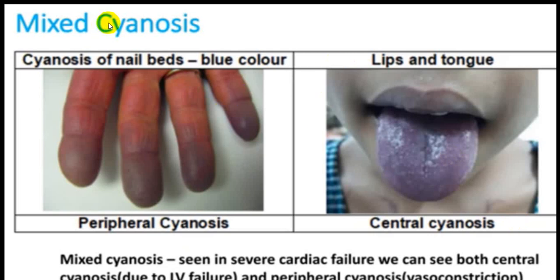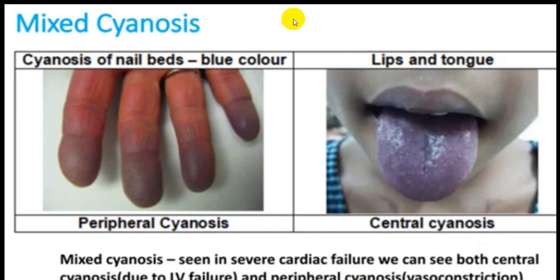So in a case of mixed cyanosis, you have peripheral cyanosis which is cold and clammy, plus you will have cyanosis of the lips, tongue, and so on. Mixed cyanosis is seen in severe congestive heart failure. Also, in central cyanosis due to left ventricular failure, because of peripheral vasoconstriction you will have peripheral cyanosis.